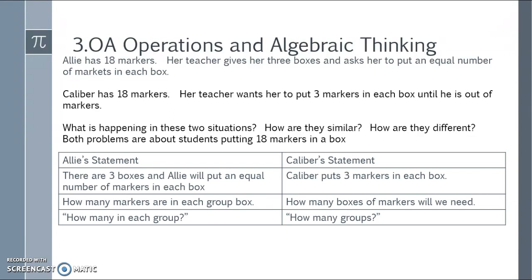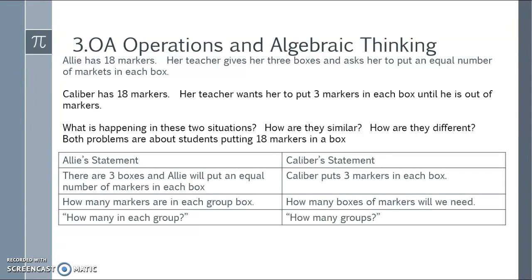So, both problems are about students putting 18 markers in a box. Allie has 18 markers and Caliber has 18 markers. Taking a look at each statement and comparing each particular piece of the situation, it says for Allie that there are 3 boxes and Allie will put an equal number of markers in each box.